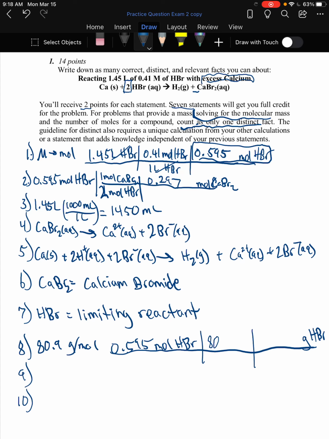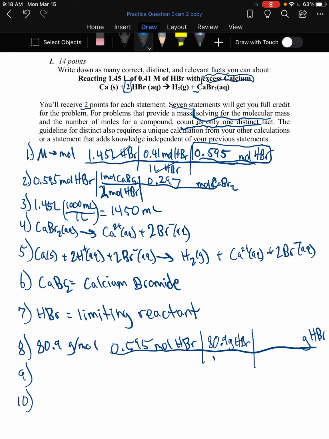So we're going to use this 80.9 grams of HBr for every 1 mole of HBr. And then you should see that moles of HBr would cancel out. And if you perform this calculation, you would find that 0.595 moles of HBr corresponds to 48.1 grams of HBr.